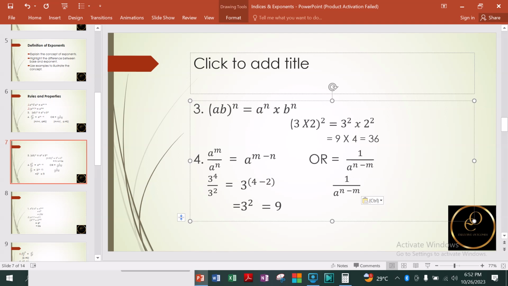When you are looking at the inverse of the expression, then you are going to look at 1 over this, but the powers transpose. You have N coming first, here it was coming last, and you have M coming last.